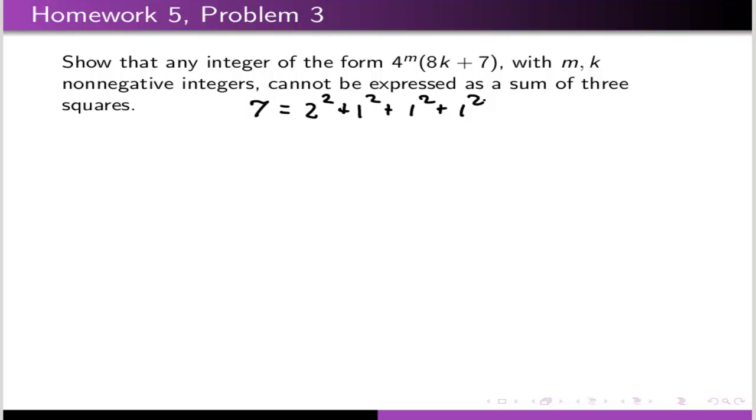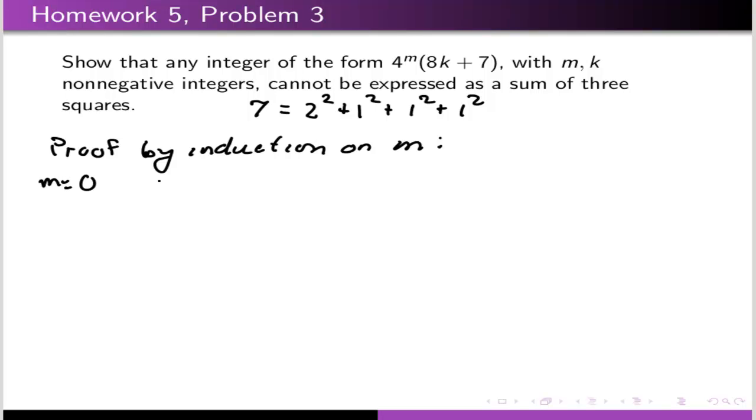So we claim that any number of this type cannot be written as a sum of 3 squares, and let's do a proof by induction on m. We start with m equaling 0, and you let n be a number of the form 8k plus 7 for some k greater than or equal to 0, and suppose this is a sum of 3 squares.